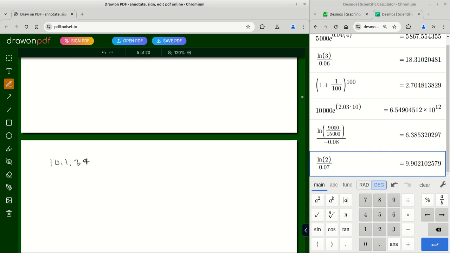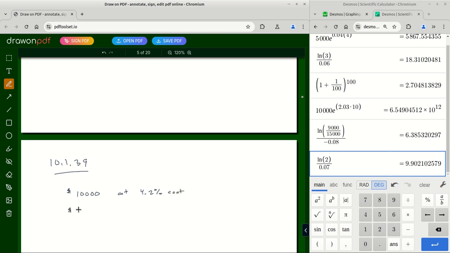10.1.39. So this is a word problem, and I don't want to shy away from word problems. Whenever I see one, I'm like, ooh, I want you to learn, and there's often two of the same thing, I find. But I want to do this word problem with you because it's excellent.